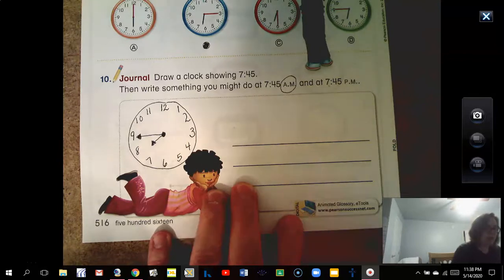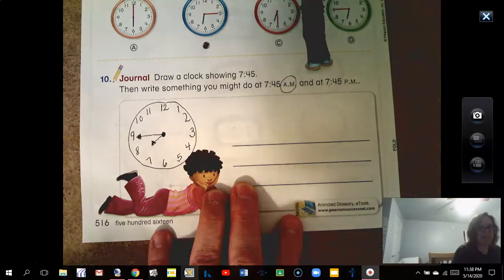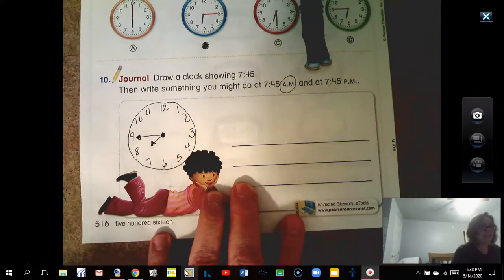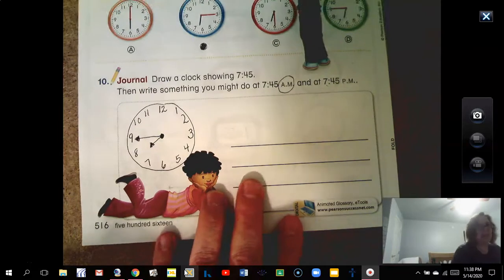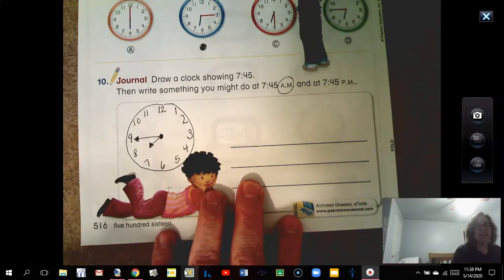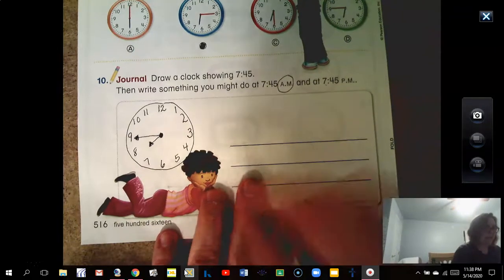And so what do you usually do at 7:45 p.m.? Well, hopefully you're taking a bath or a shower, getting your PJs on, because 8 o'clock or 8:30 is probably a really good time for you to go to bed, okay?